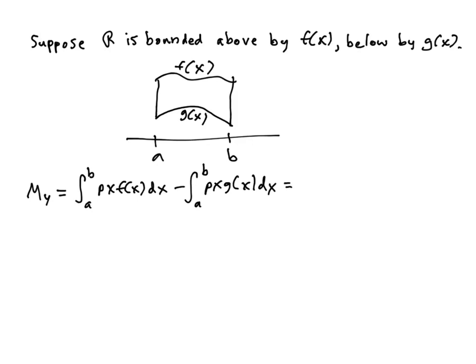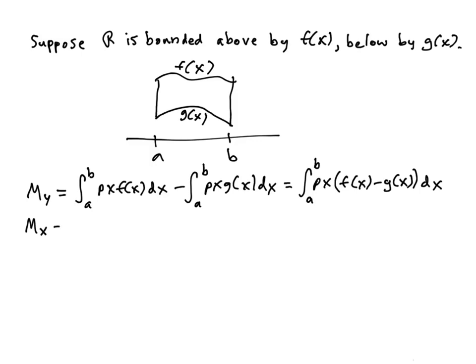But we need to be careful here. You can pull out the rho and the x, those factor out. But what's left is f of x minus g of x, right? So this is your moment with respect to y.